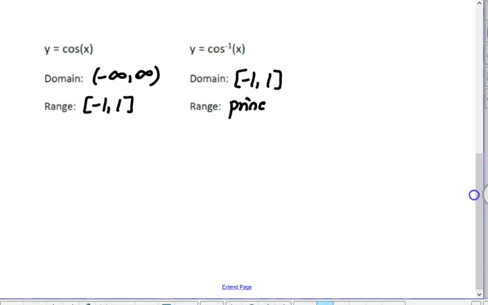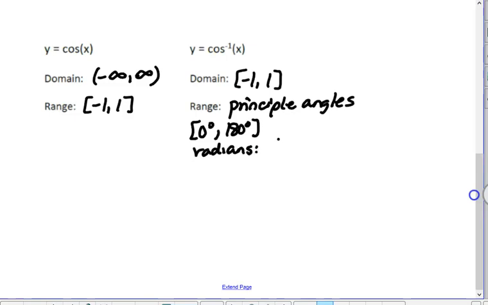So the principal angles for inverse cosine aren't negative 90 to 90, they are 0 to 180. And if we were in radians, that would be 0 to pi, or 0 to 3.14 radians.